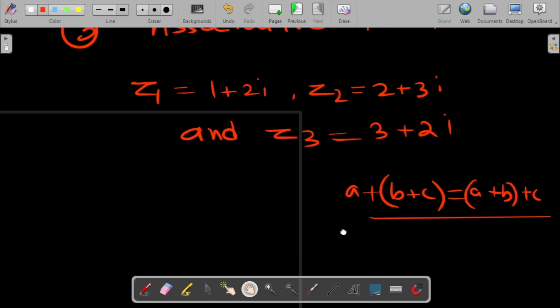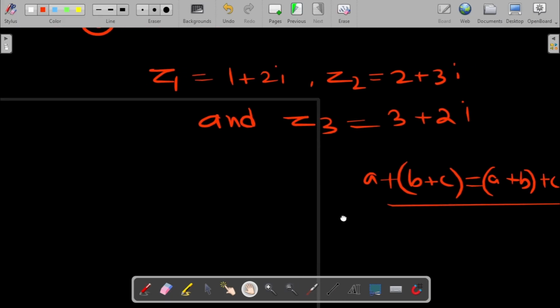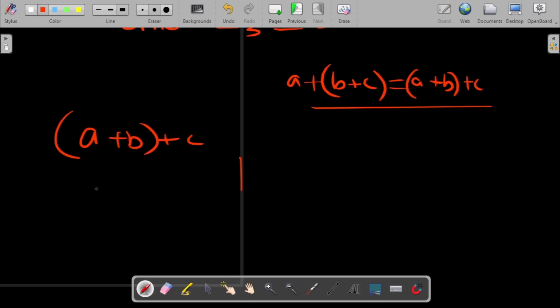So we'll check this property, that (a plus b) plus c equals a plus (b plus c). Does this hold or not? Firstly we'll check (a plus b) plus c. If I add the first two, that is z1 plus z2, after that I will add z3.